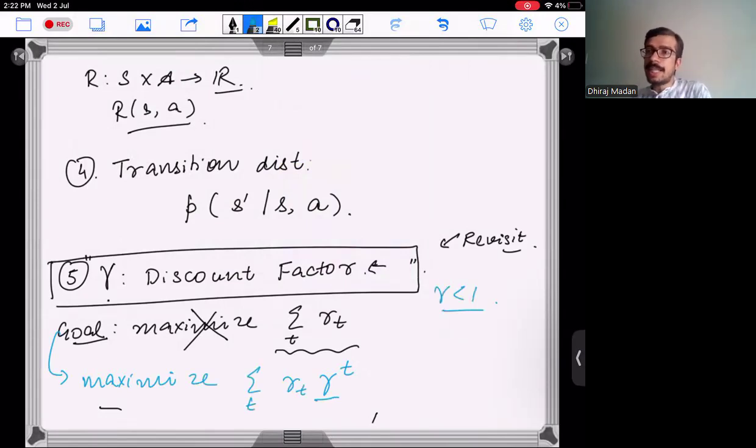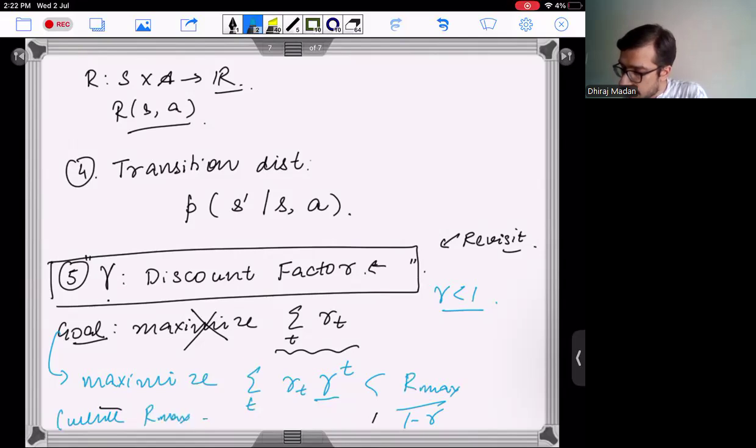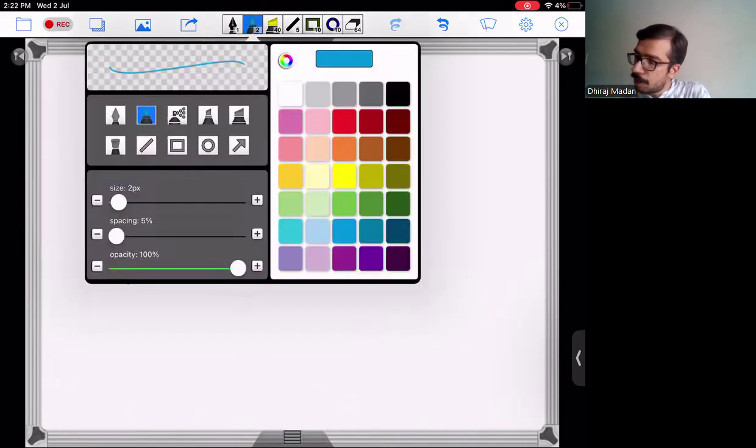You can check that if all your rewards are upper bounded by some R max, where R max is the maximum over s of the absolute value of the reward, then this geometric sum will be upper bounded by R max over 1 minus gamma.